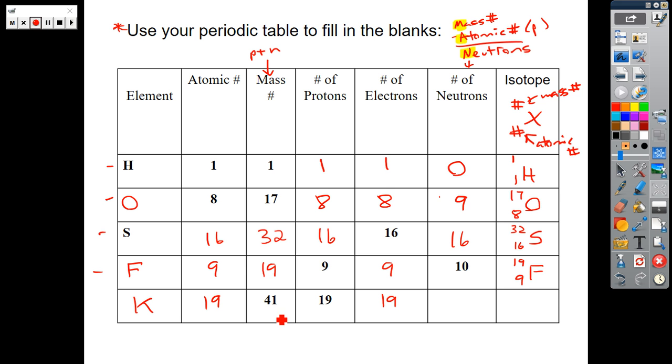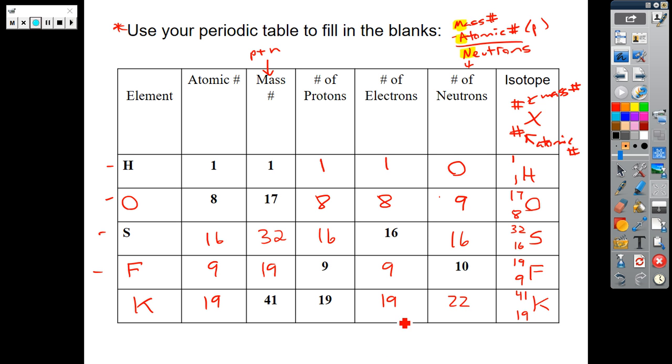If we've got a mass number of 41 and we subtract 19, we're going to get 22 neutrons this time. And if we use the isotope notation, our symbol is K, our bottom number, the atomic number, is 19, and the top number is the mass number that we already knew was 41.